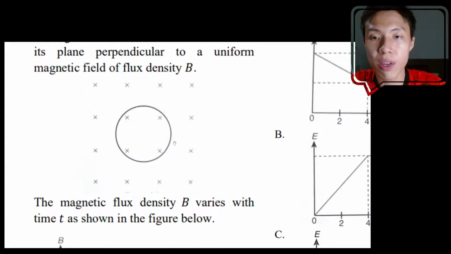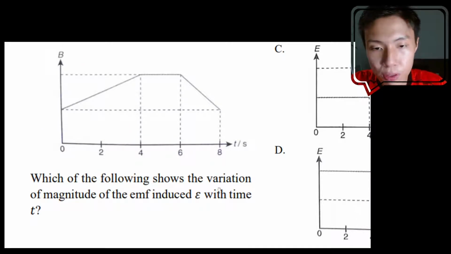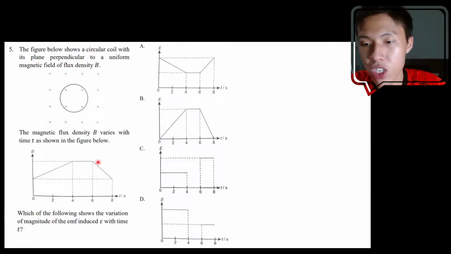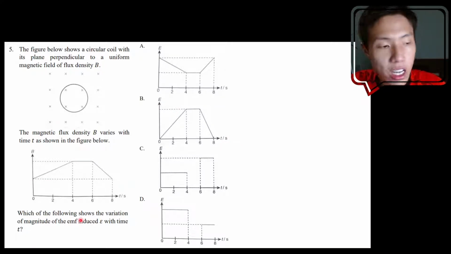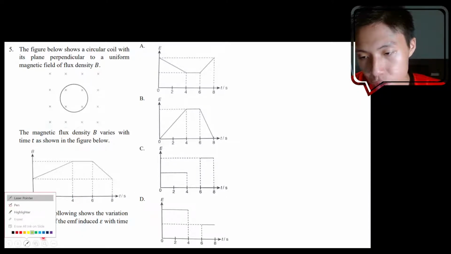So the change in magnetic flux is going to induce an EMF. Which of the following shows the variation of the magnitude of the EMF induced, epsilon, with time? So now they are asking, how would the graph of epsilon against time look if our magnetic field is changing like this?